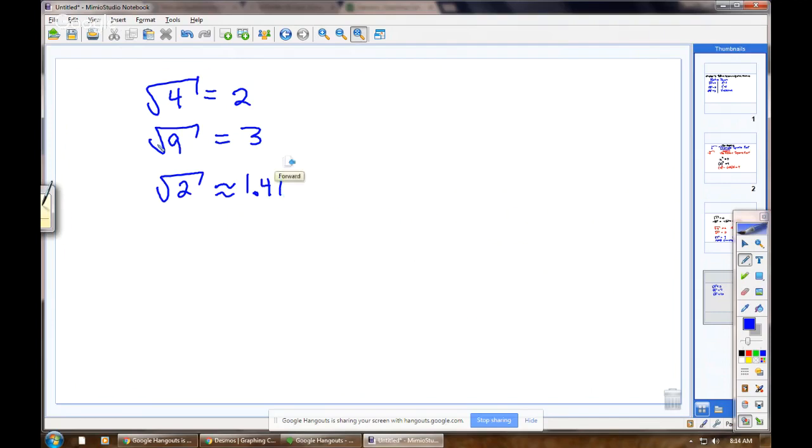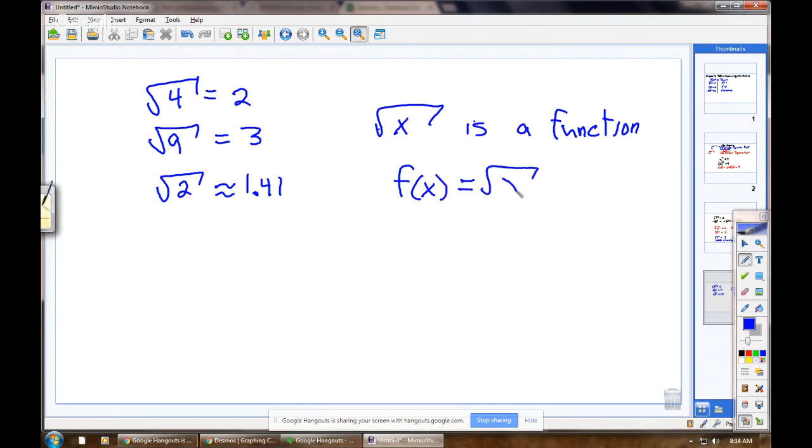So what that means is since when we plug in a number, we get a single output or no output at all, that means this is a function. So the square root of x is a function. So that means I can write it as a function. F of x equals the square root of x.